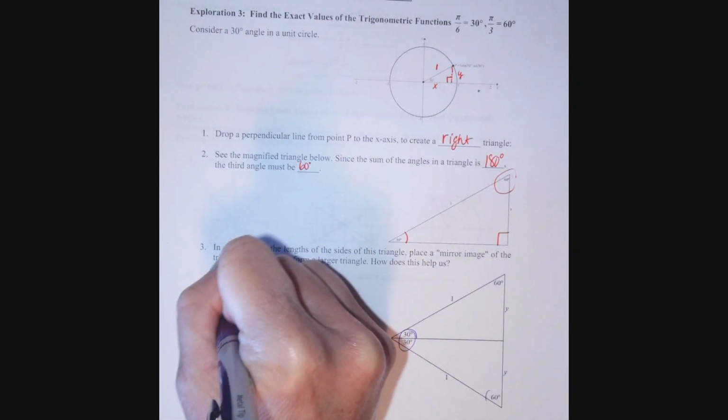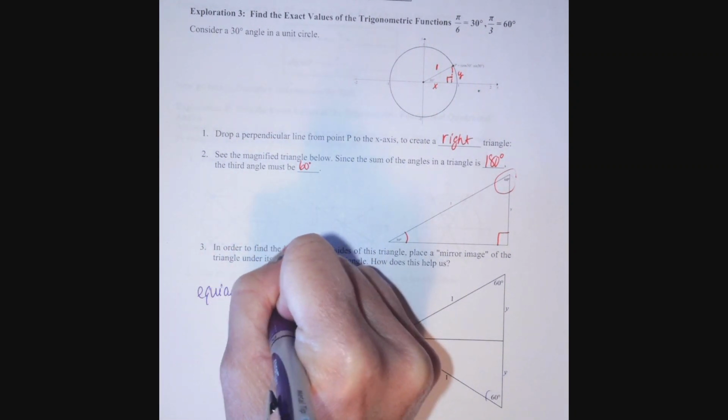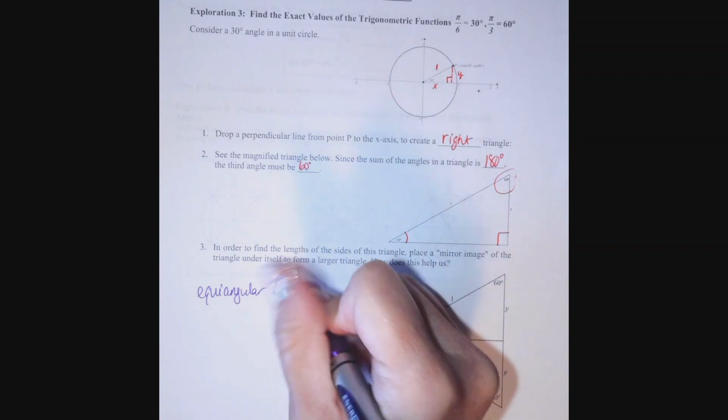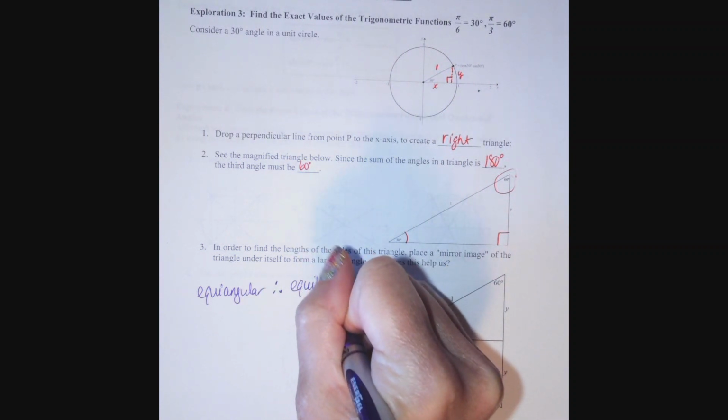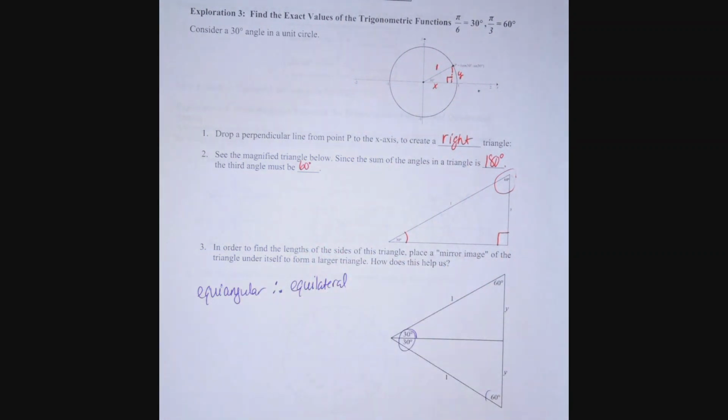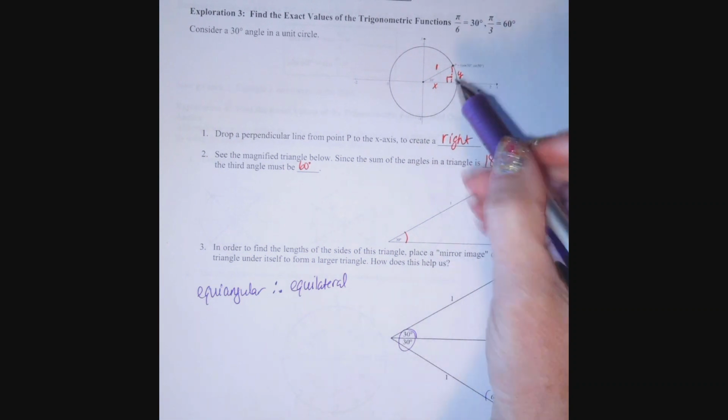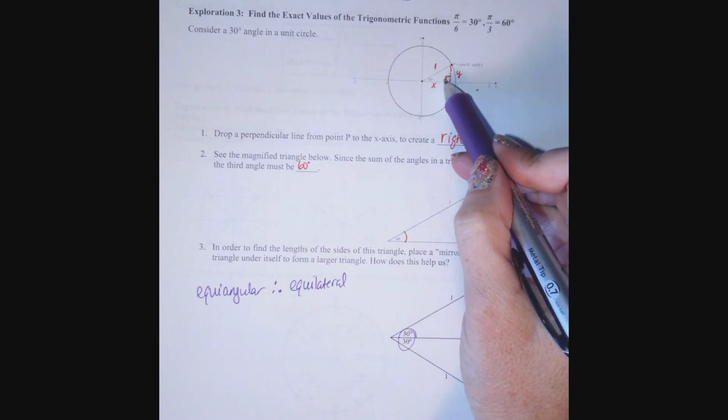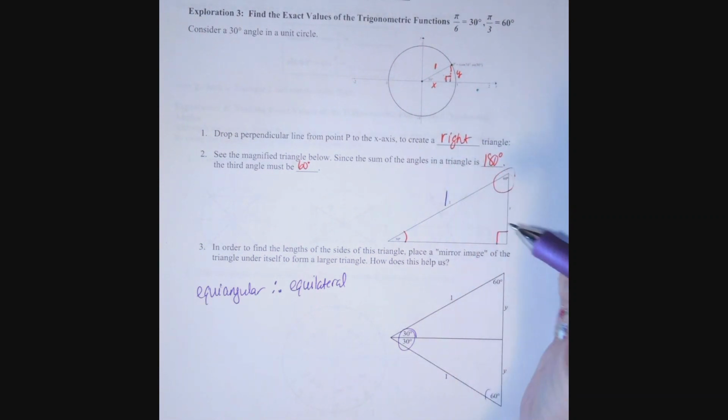We have an equiangular triangle, and therefore we know that it is equilateral. All the sides are the same measure if all the angles are the same size. So if this is from my unit circle so that we know this side is 1, then that means that this side is 1 and this is equal to 1.